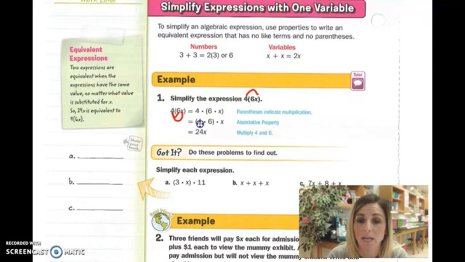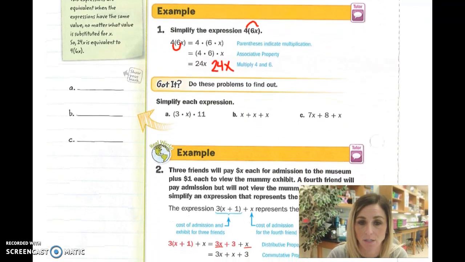When you put that all together, you would get your like constants, which is the associative property, 4 times 6, which is 24, and then your x, because you have 6x, and when you put that together, you get 24x. All you're doing is just multiplying. That's it.